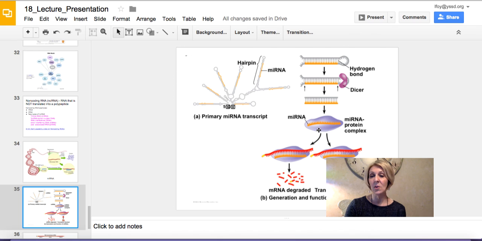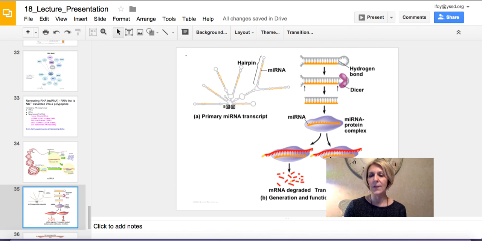It actually associates itself with a protein complex, and then what it does is it will complementary base pair to a stretch of messenger RNA. If almost all of the bases on the miRNA complementary base pair with the messenger RNA, then that messenger RNA is slated to be destroyed.